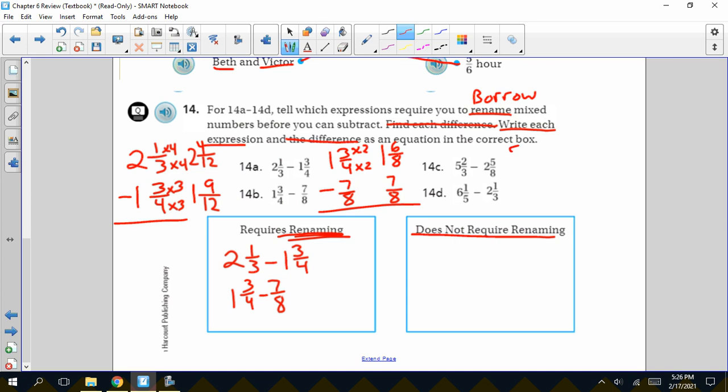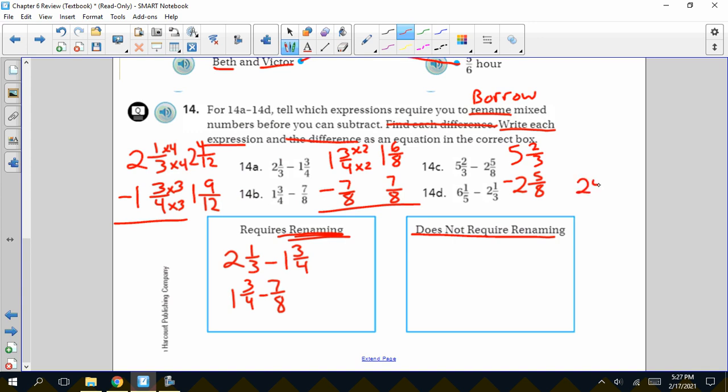14C, 5 2/3 minus 2 5/8. Find a common denominator, counting by 8s, counting by 3s.